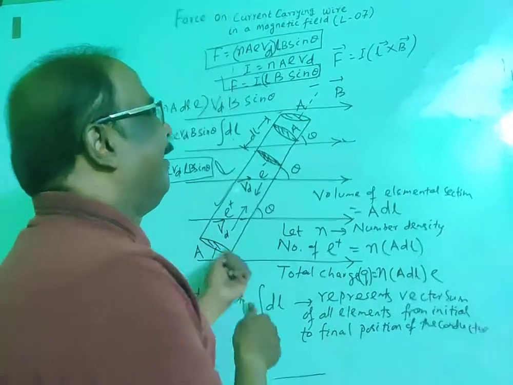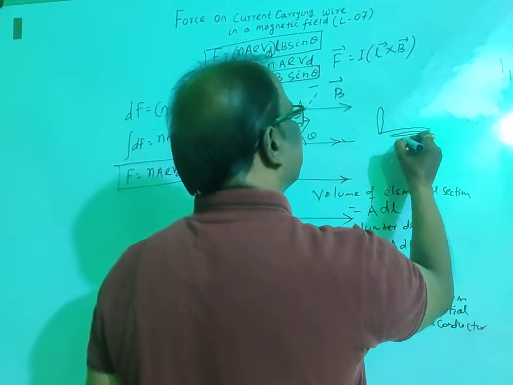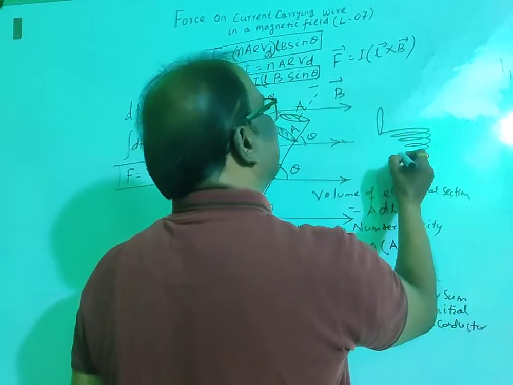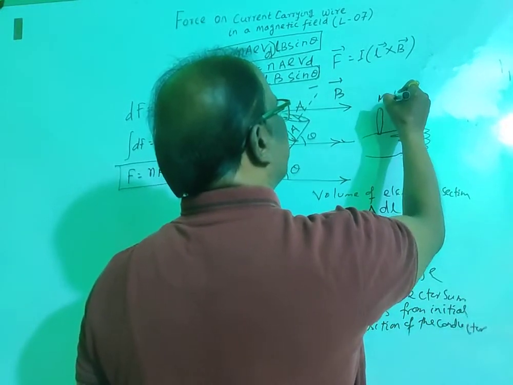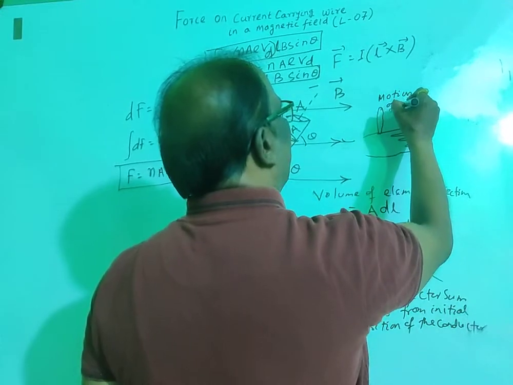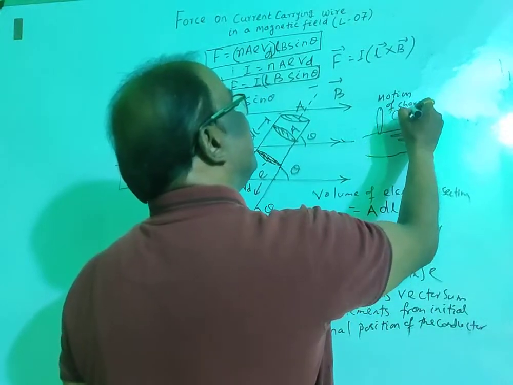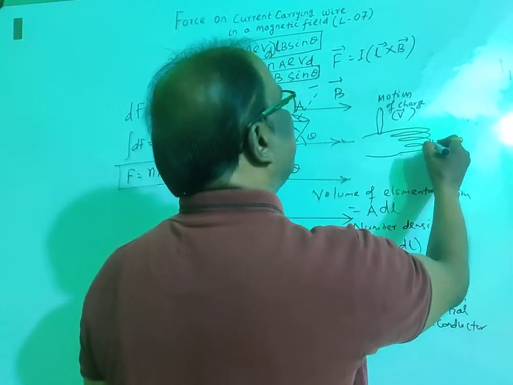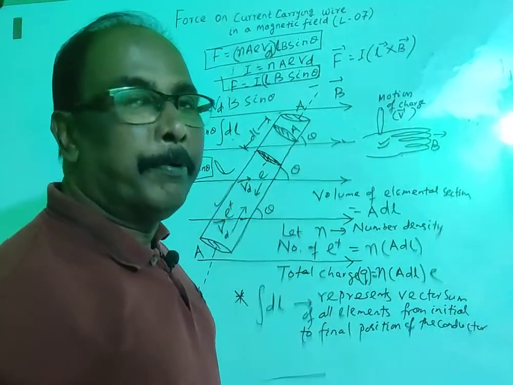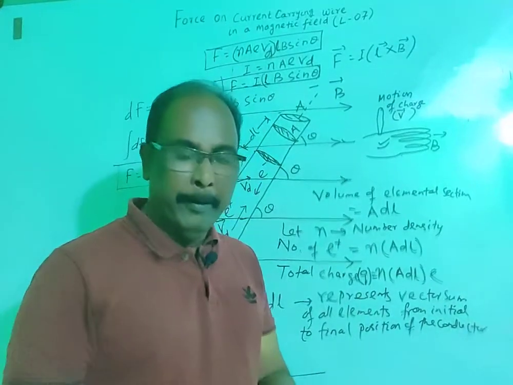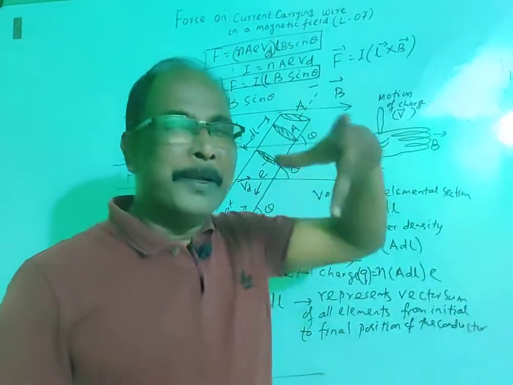You see, this is the thumb, these are four fingers. The thumb represents the motion of charge, directly speaking the velocity of charge v. These fingers represent the direction of magnetic field, and the palm represents the direction of force. Or simply you may say the cross product of L and B shows the direction of force.